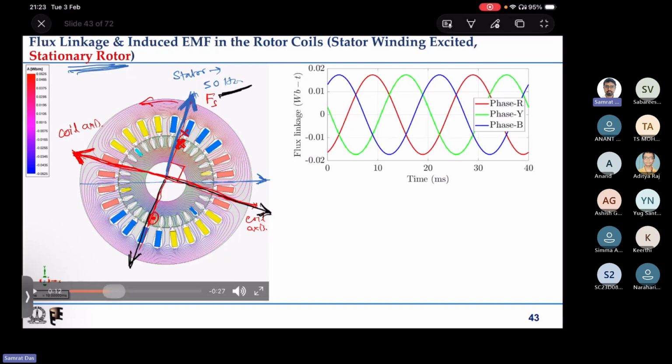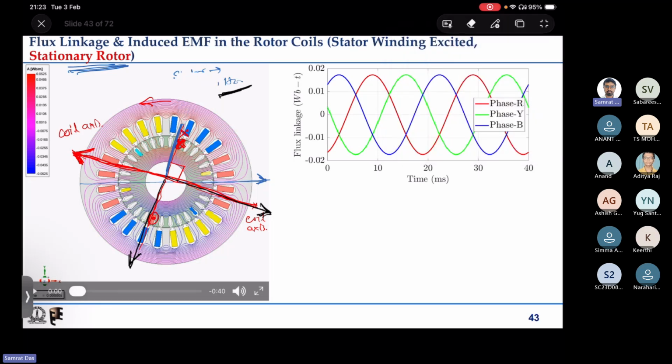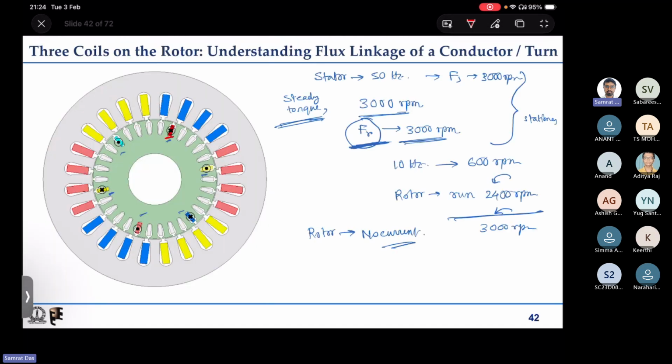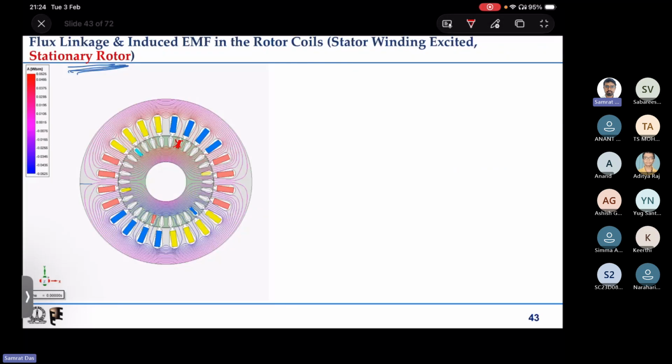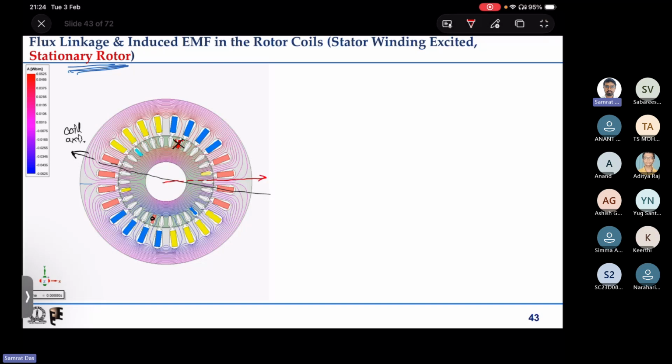So like this is 0 degree, or this is time equal to 0, and I will just indicate the R phase. So what did we take in the earlier case? This side is cross, this side is dot. So the same thing we will take here. This is cross and this is dot. That means this is the coil axis, and initially the magnetic field axis is here, right?